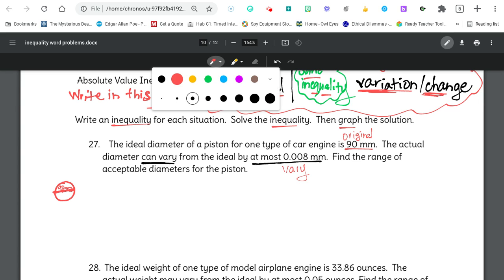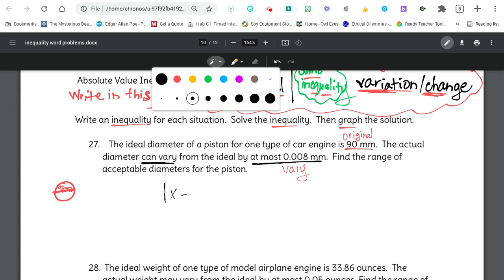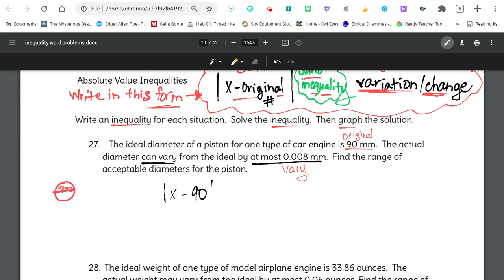So I'm going to go ahead and set up my inequality. x minus the original amount, or the amount that they want to set it at, which is 90. And then at most would be less than or equal to. So that's the greatest change. It can be that or less, guys.